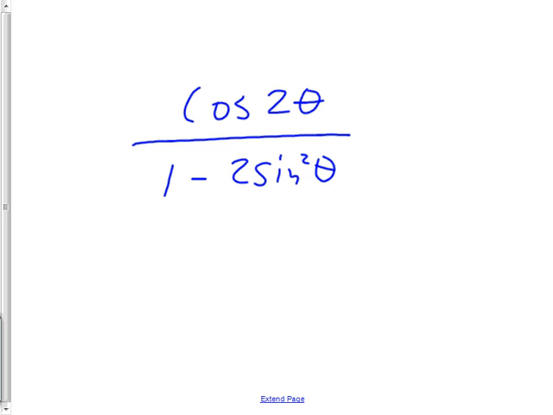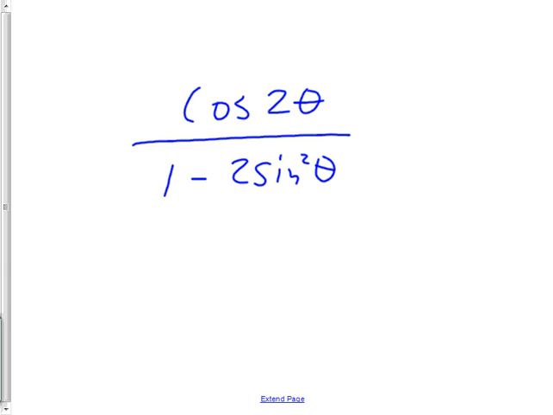There's a really quick, easy answer that is wrong. Cosine of 2 theta. When you're picking, there's 3 things cosine of 2 theta could be. You want the thing that looks most like what you have. What you have, it's got a sine squared in it.